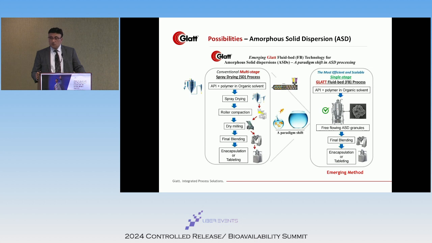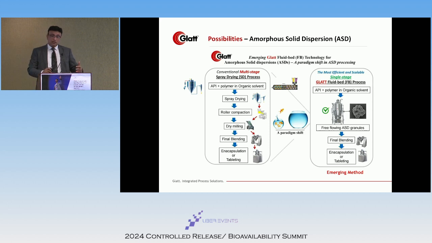You have many different controls over the drug loading and the solubility enhancement that you are looking for. But once you have the process done, you take the granules, you final blend it, compress it, and then encapsulate, so you are done.